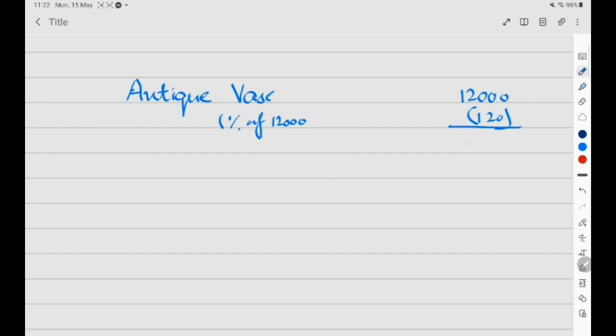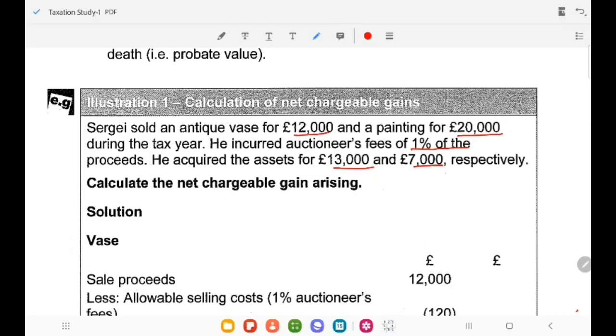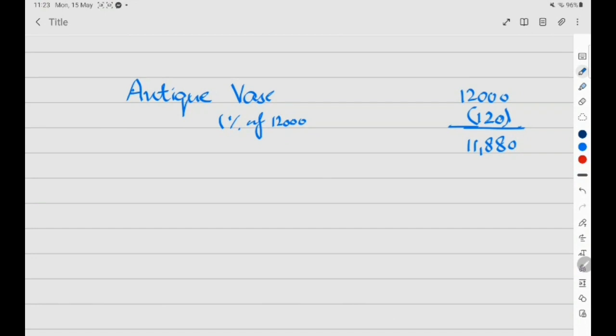So the net disposal proceed is 11,880. While its acquisition cost is given as 13,000. So the allowable cost is greater than the net sale proceed, so it causes a loss of 1,120.